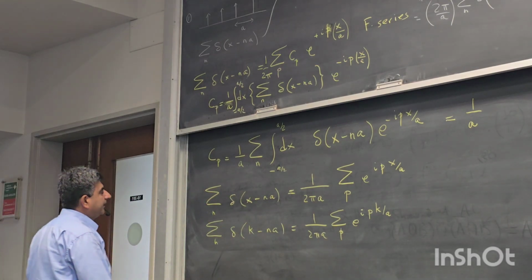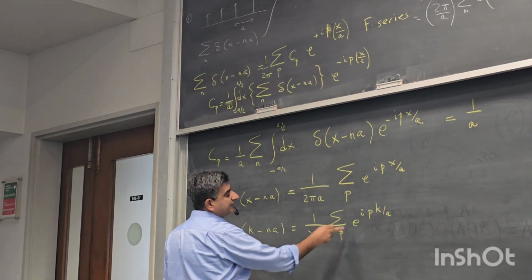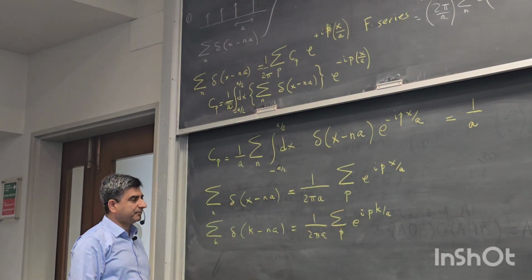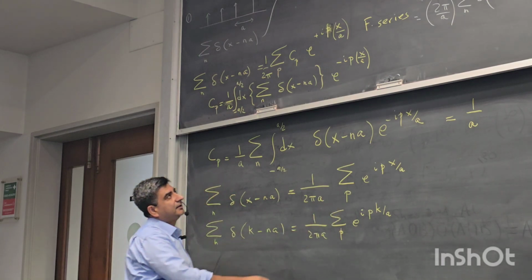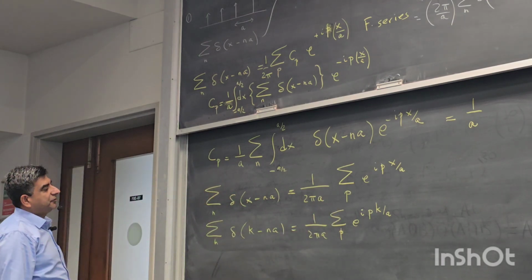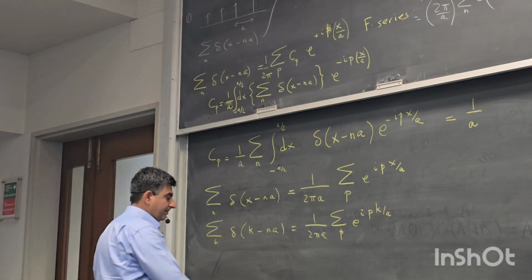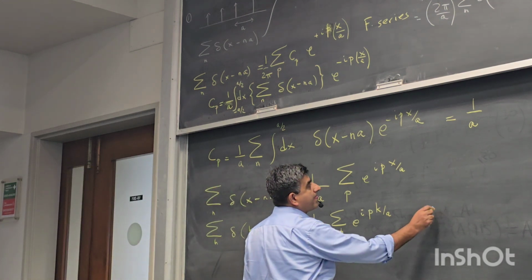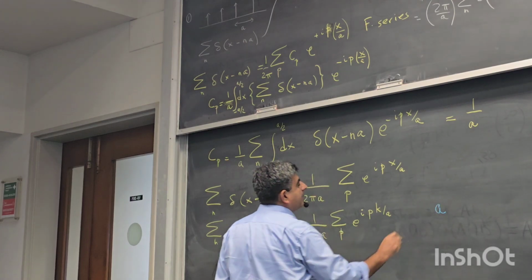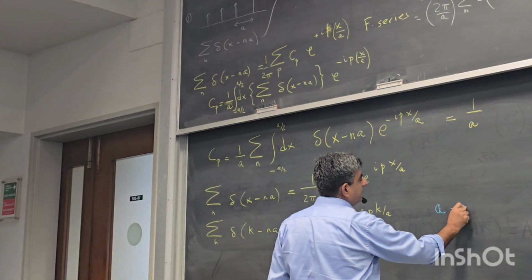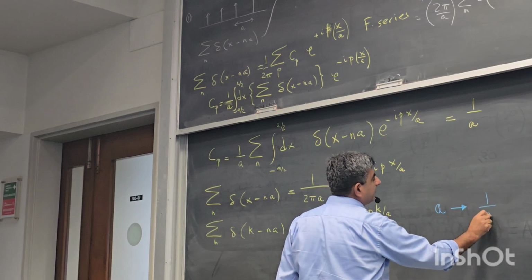Now I can put a minus sign here if I like, because it is a sum over all p's. So this is really plus minus. I can put a minus sign here by choice as well. Okay. Now what I need to do is I replace a by, let's replace a by 1 over a.